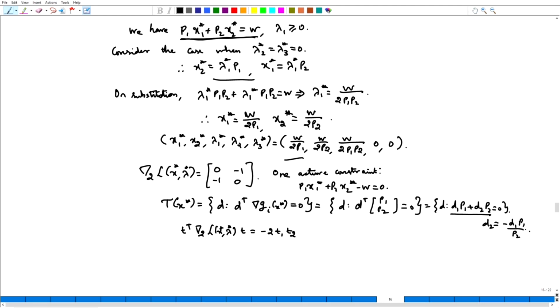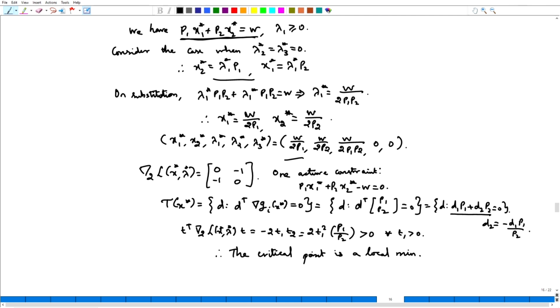So, here as well we will have t2 is minus t1 p1 by p2. So, that is 2 t1 squared into p1 by p2, and this is greater than 0 for all t1 positive. Therefore, the unique critical point is also a local minimum.